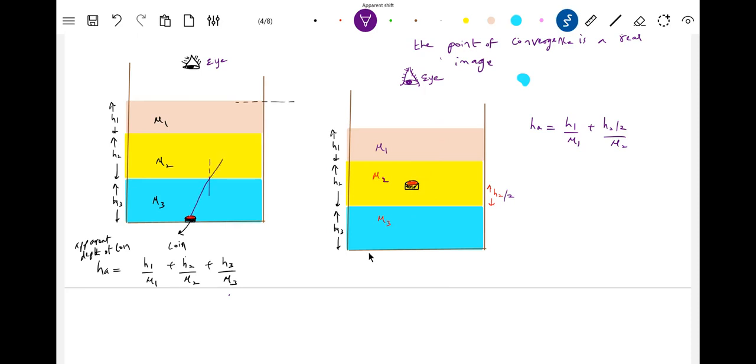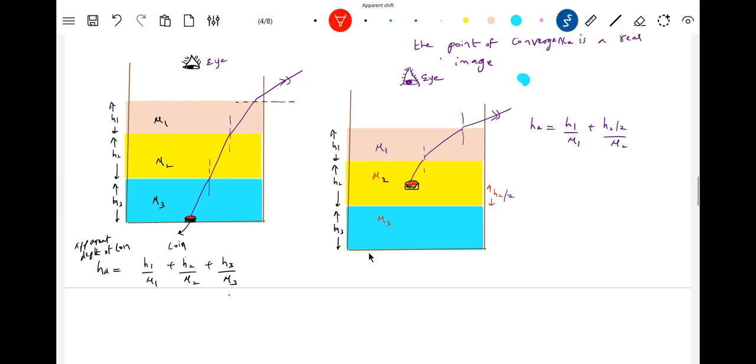So no question of mu3 coming into the picture here.